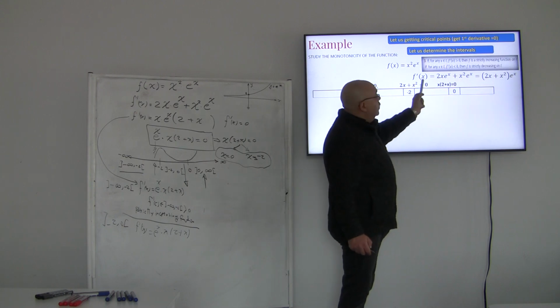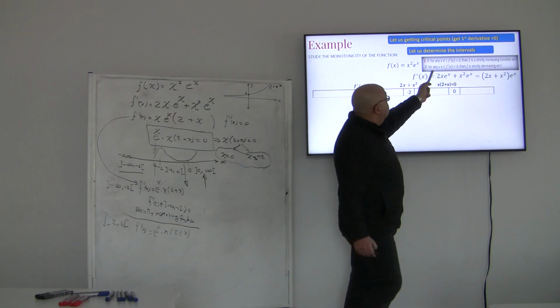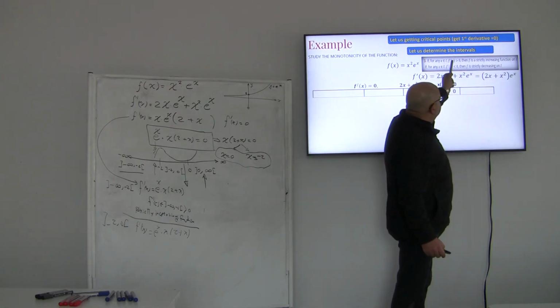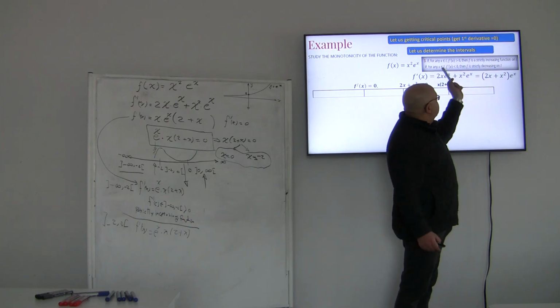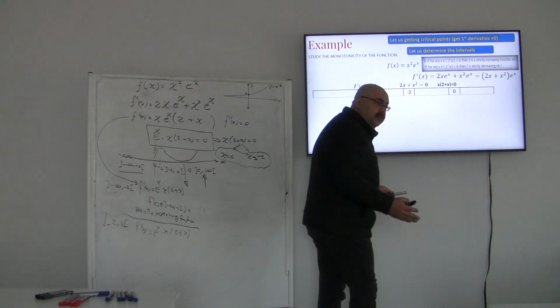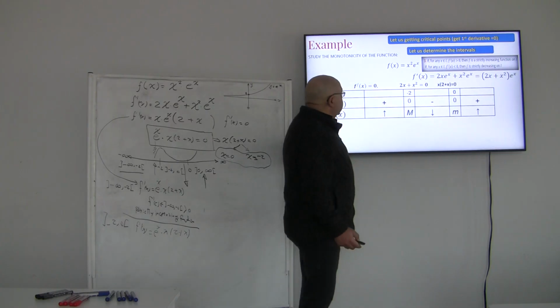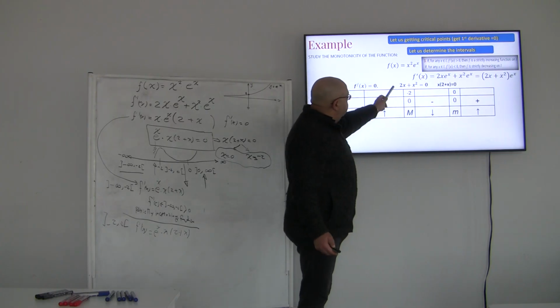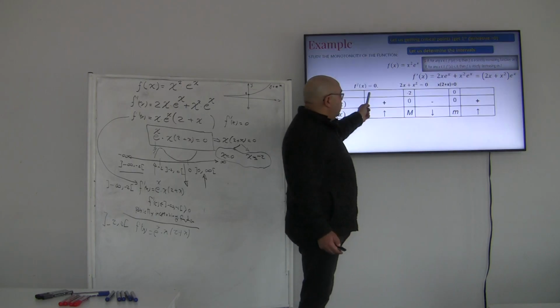I can now use the theory that we wrote previously: for x belonging to I, if f dash x is greater than 0, then f is strictly increasing, and vice versa if the value of the first derivative is less than 0. Starting from this side, from negative 2 up to negative infinity, I would choose any number.